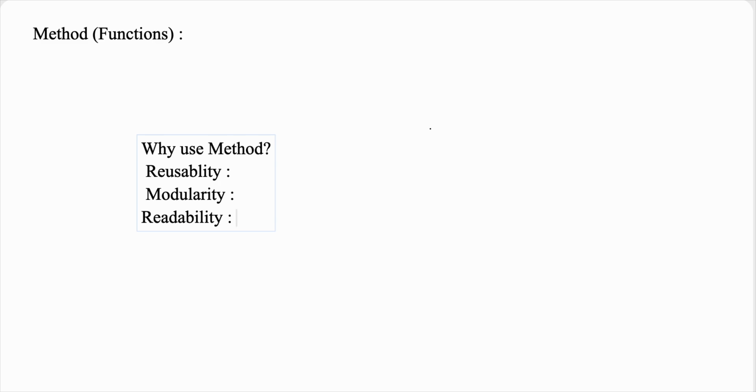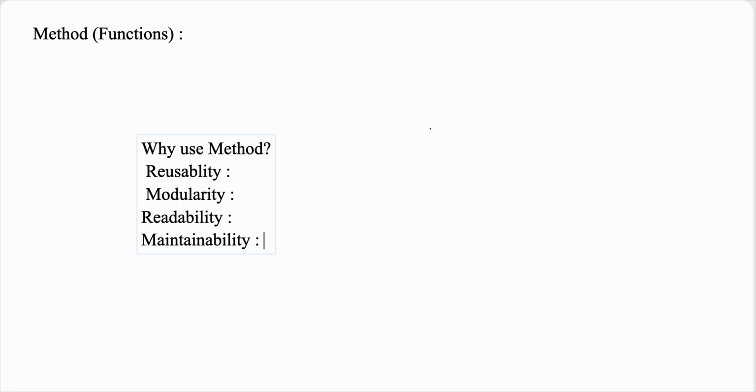The fourth thing is maintainability. This makes it easier to debug or modify your code, while writing larger scale code. Okay, these are the four things we can say for methods.